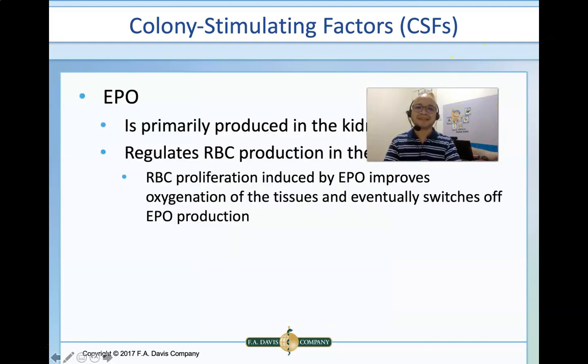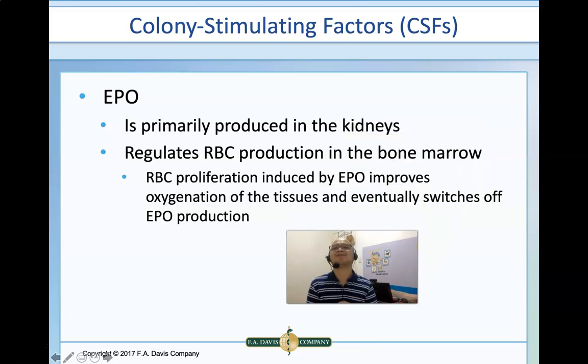One of the most important cytokines is EPO or erythropoietin, which is primarily produced in the kidneys. EPO's production is actually induced by a condition known as hypoxia, or the condition of low oxygen tension. So EPO regulates RBC production in the bone marrow, as proliferation of RBC is induced by EPO.